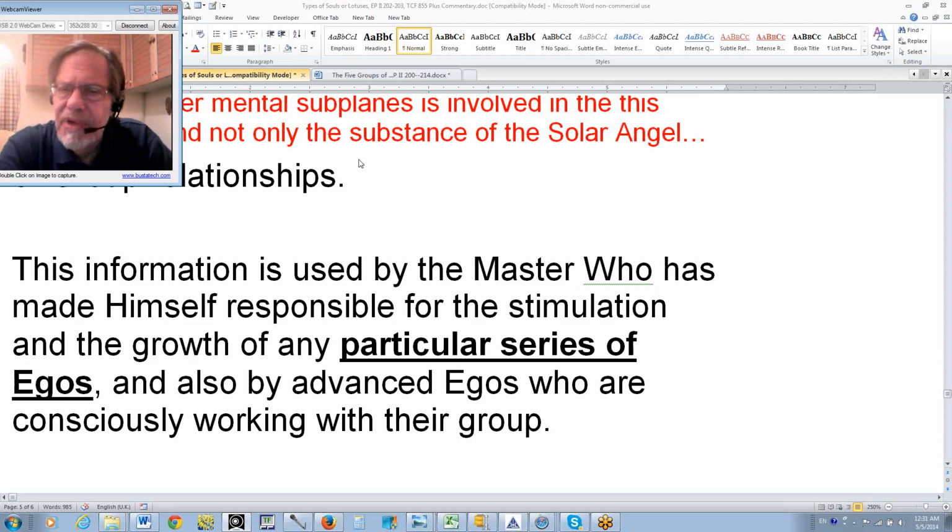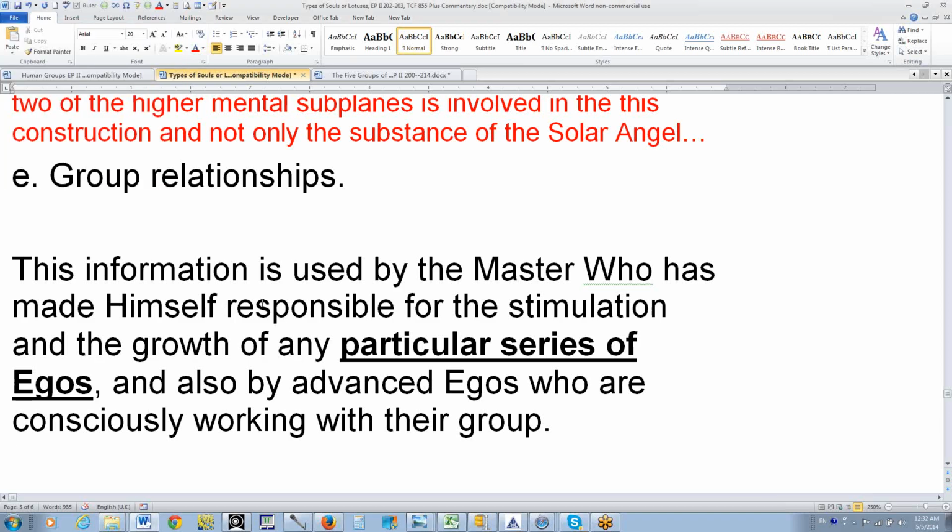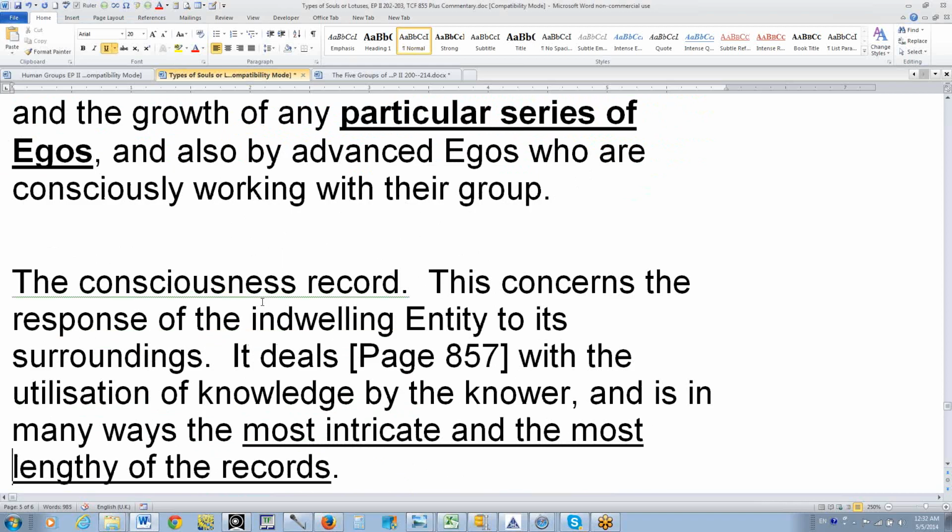But a group of egos was involved with him and is involved with him, and on the outer plane is probably a smaller group than on the inner planes. And so a master has wide responsibilities for a group of, I won't say personalities, I will say egos, monads in extension on the higher mental plane. Monads in descent, monads in immersion.